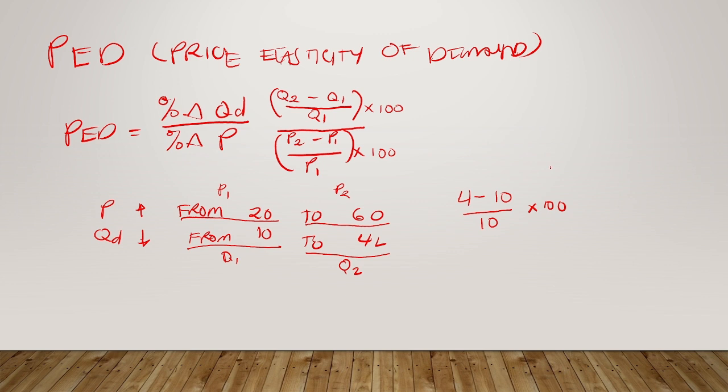So, 4 minus 10 divided by 10 is negative 0.6, times 100, so it will be negative 60%.